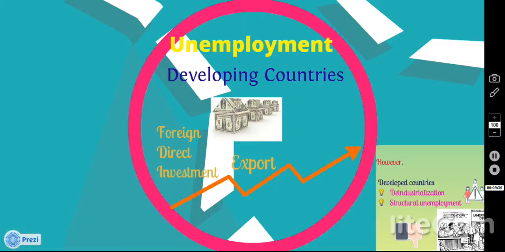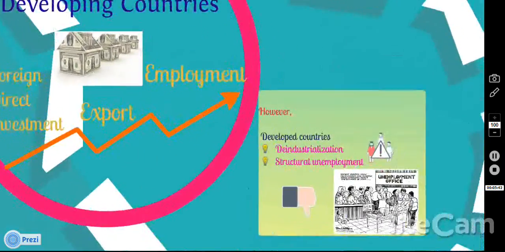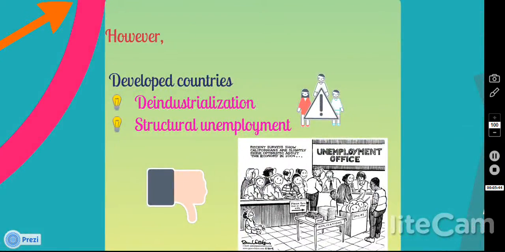Also, international trade will attract more foreign direct investment, and so people in developing countries will work for the foreign direct investment companies. Unemployment decreases. However, industrialization occurs in developed countries, causing structural unemployment, which will lead to a rise in unemployment.